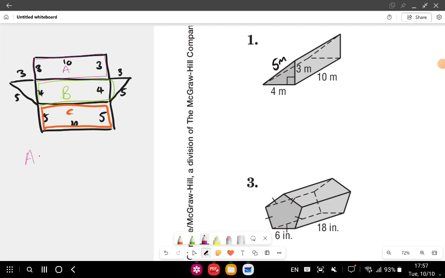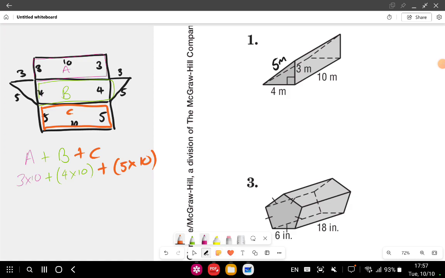We can say the area of A plus the area of B plus the area of C is going to give me the lateral area. Area of A is going to be 10 times 3, or 3 times 10. Let's do it that way. Say 3 times 10. Then we're going to add that to B, which is 4 times 10. And we add that to C, which is 5 times 10.